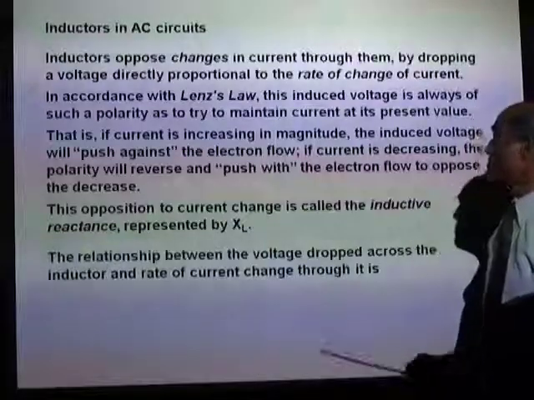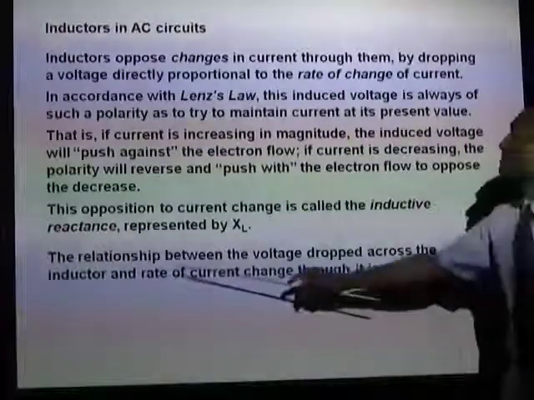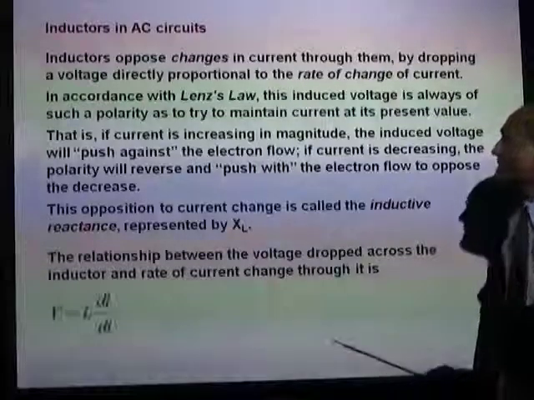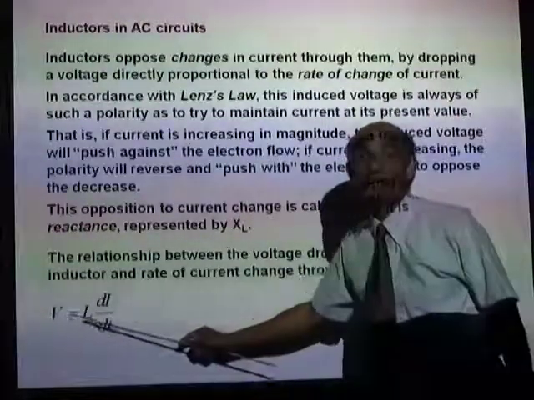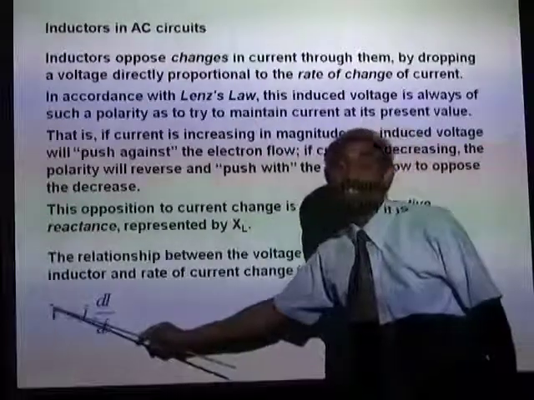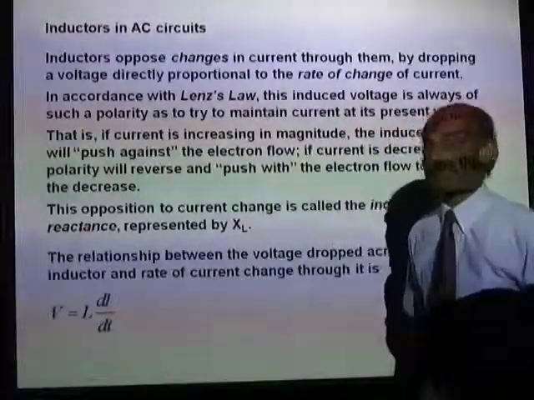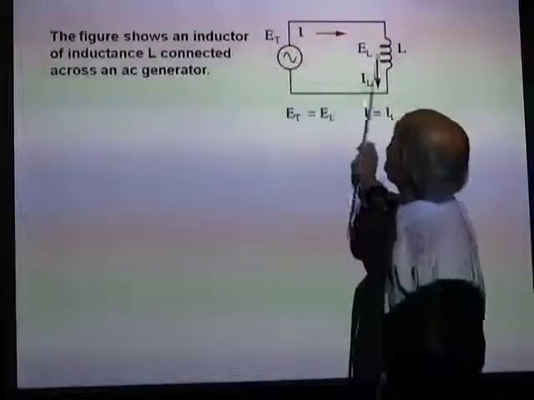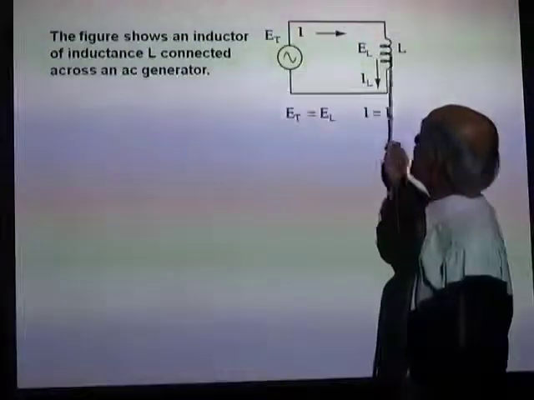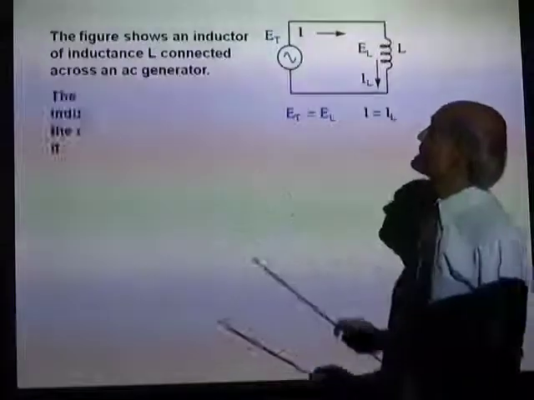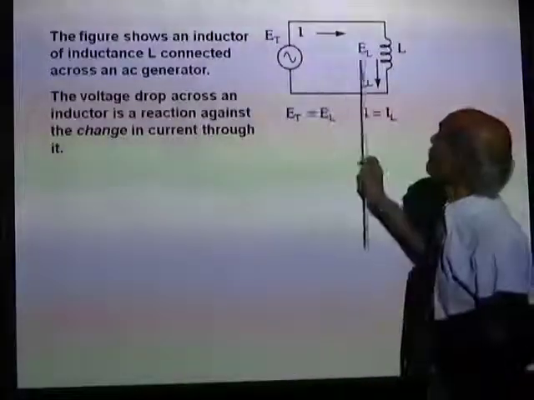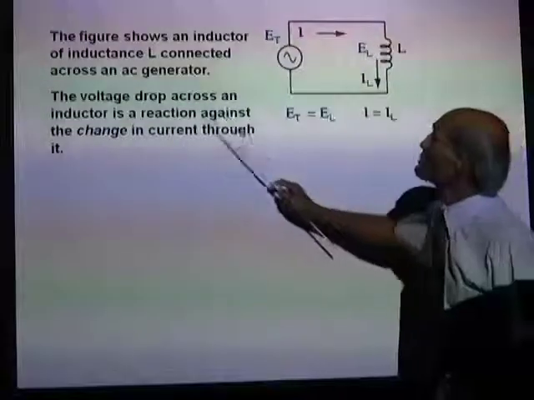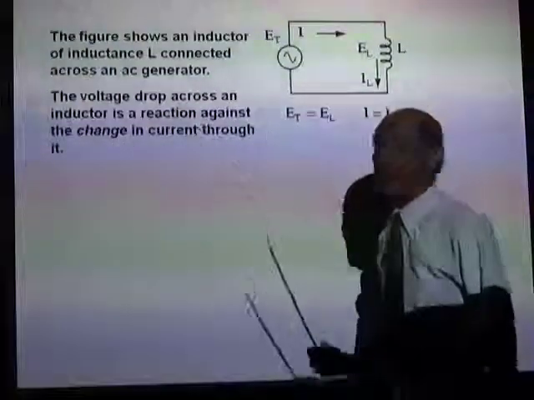Now, the relationship between voltage dropped across the inductor and rate of current change through it is V equal to L di by dt. We saw that equation in the last class. The figure shows an inductor of inductance L connected across an AC generator. The voltage drop across an inductor is a reaction against the change in current through it.